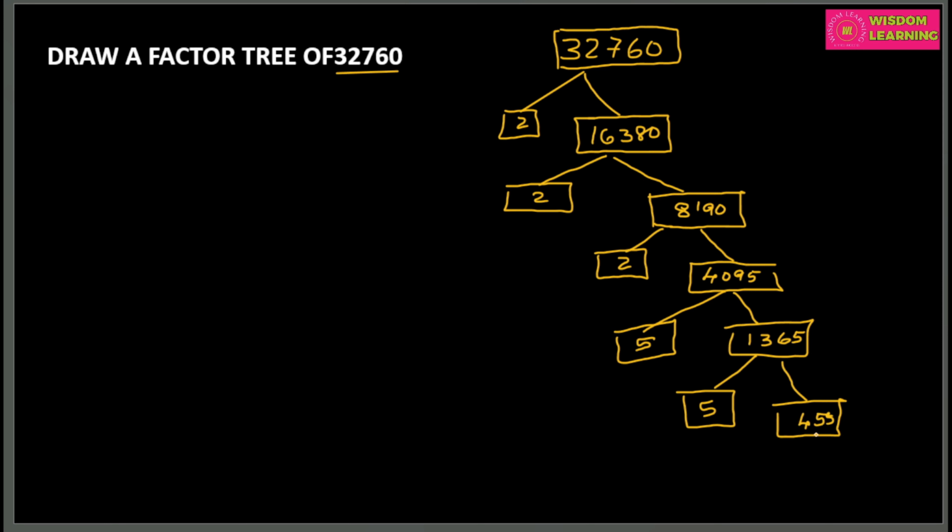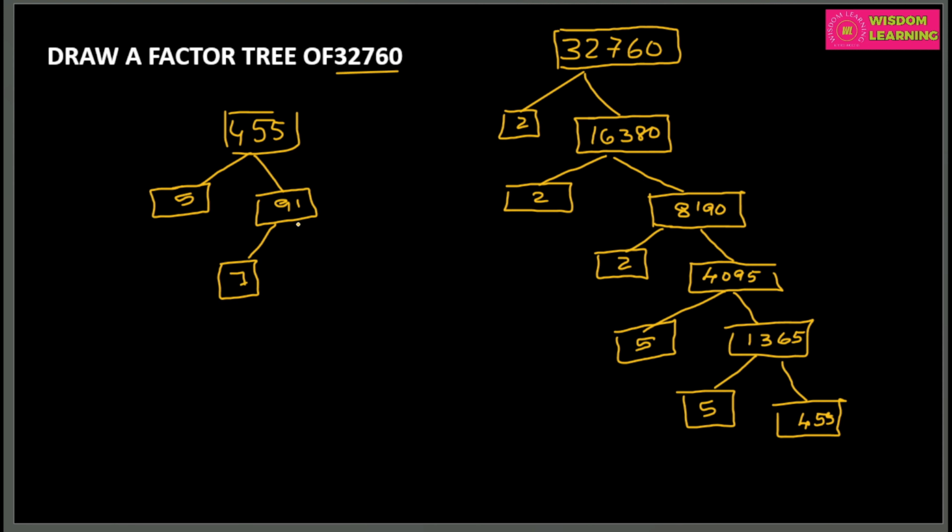Because of the lack of space, I am writing here. Then the last digit is 5, so we divide by 5 again. 455 divided by 5 is equal to 91. 91 is a product of two prime numbers, so we can divide by 7.